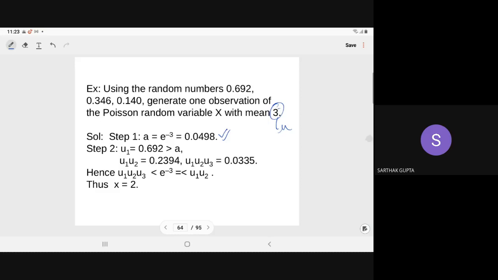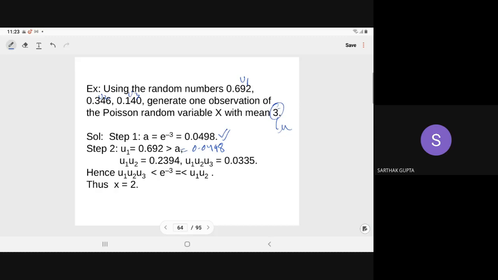Then step 2: u1 is 0.692, this is u1, this is u2, this is u3. We have computed a as 0.0498. u1 u2 will be the multiplication of 0.692 and 0.346, which is 0.2394.